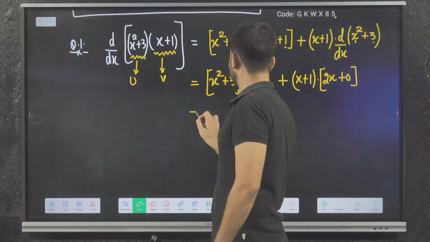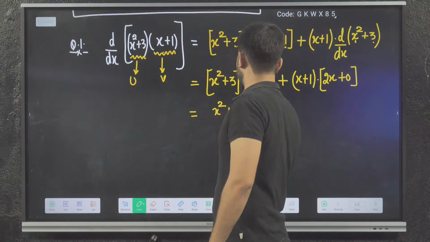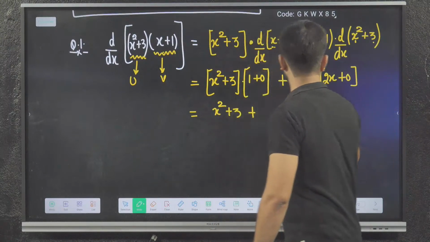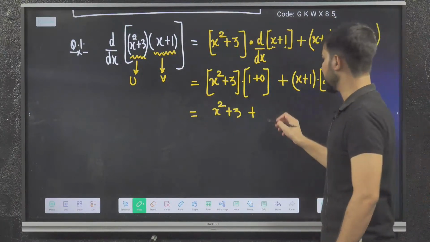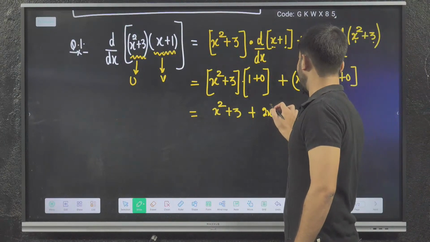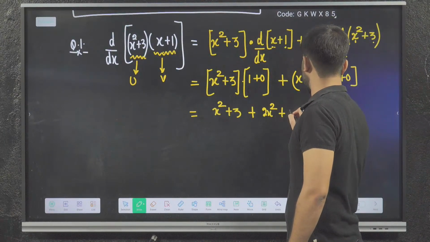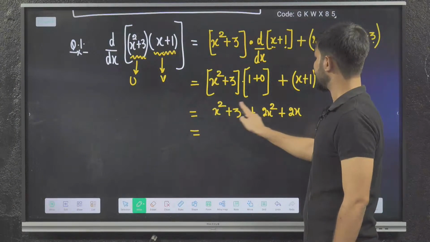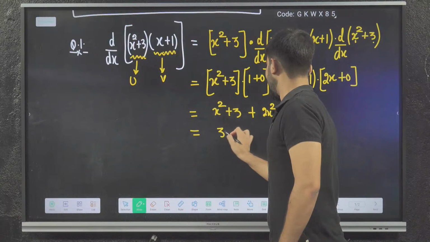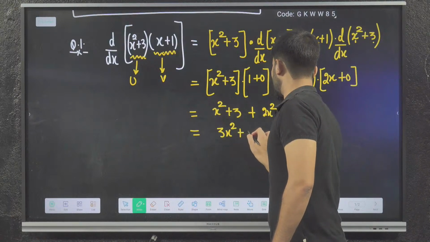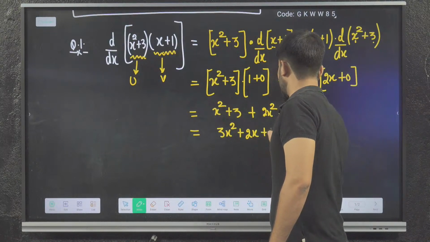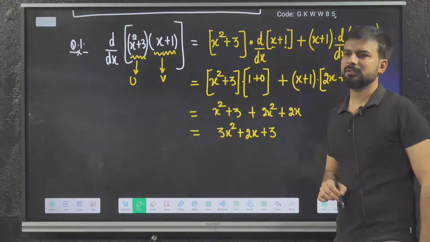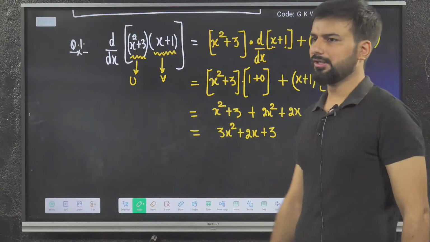If I solve it, it will be x square plus 3 plus, multiply this here, so I am getting 2x square plus 2x. So the answer I am getting is 3x square plus 2x plus 3. This is the rule of multiplication.